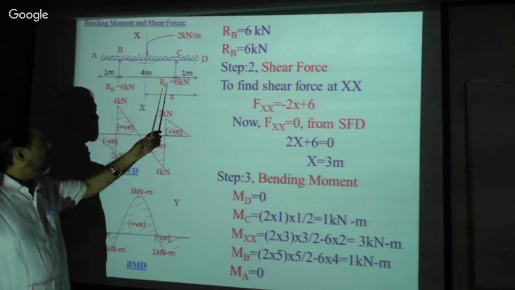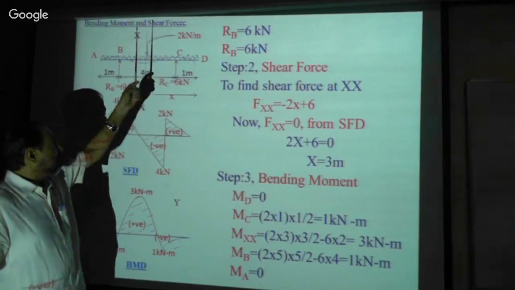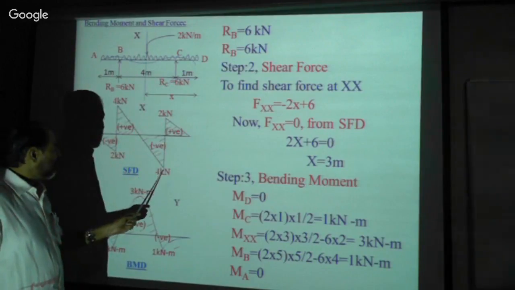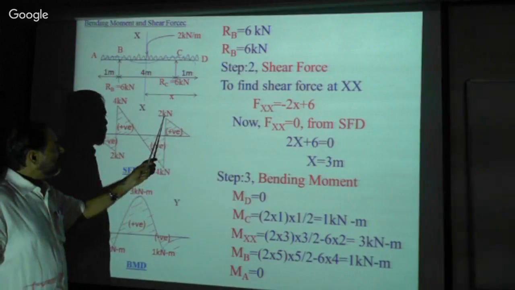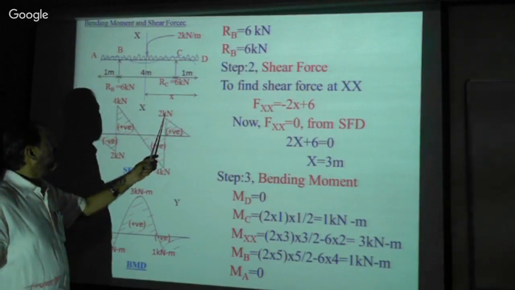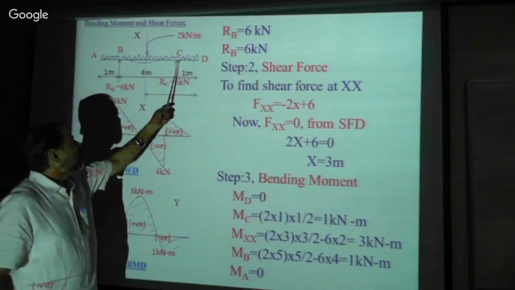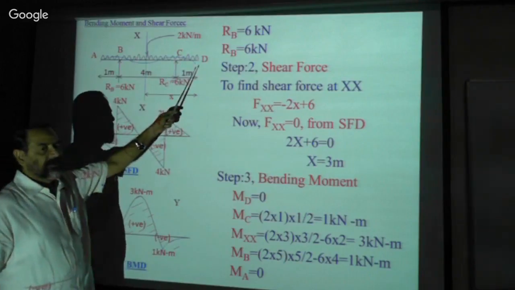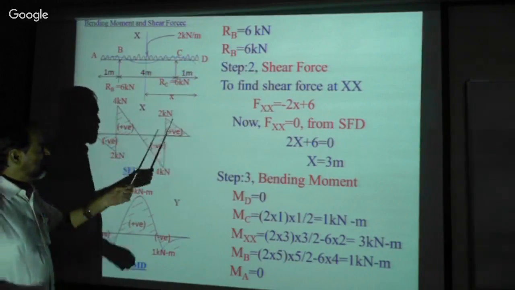When you reach this point, 6 kilonewton is acting upward. Already we are 4 kilonewton below, so let us go up by 2 more kilonewton. We have reached 2 kilonewton. And between this and this, 2 into 1, that is 2 kilonewton force is acting downward.